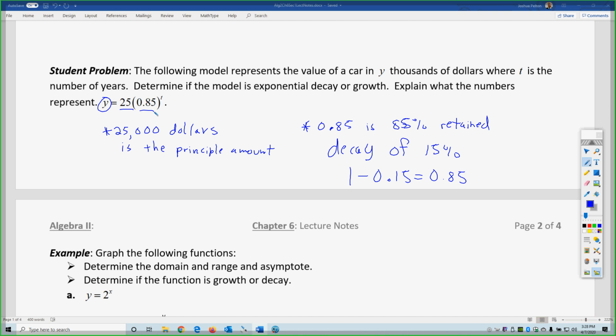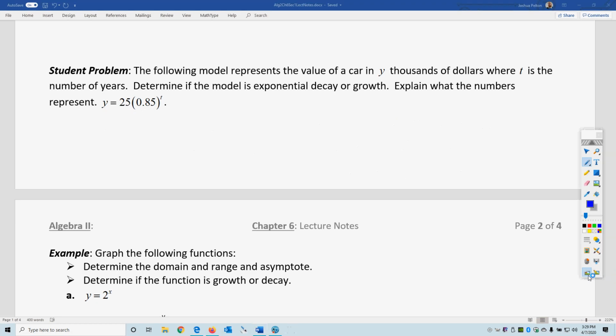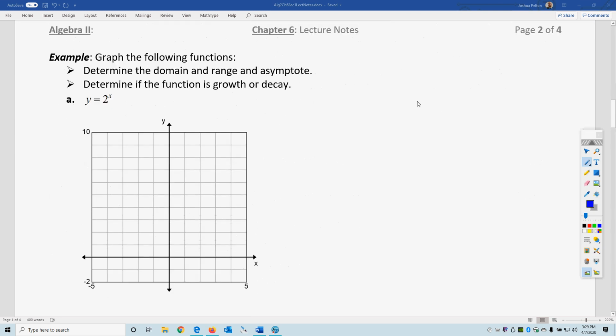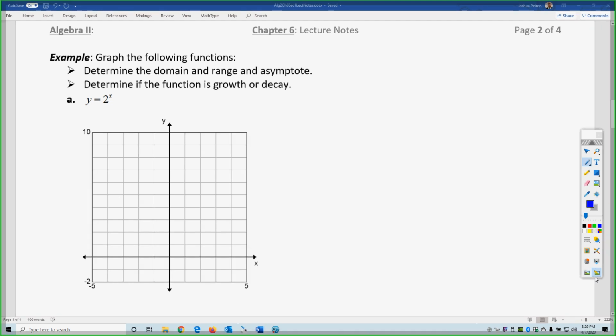Okay, let's do some basic graphing. Page 2. Okay, so 2 to the x is our function. So we'll make a standard xy table. -2, -1, 0, 1, 2.